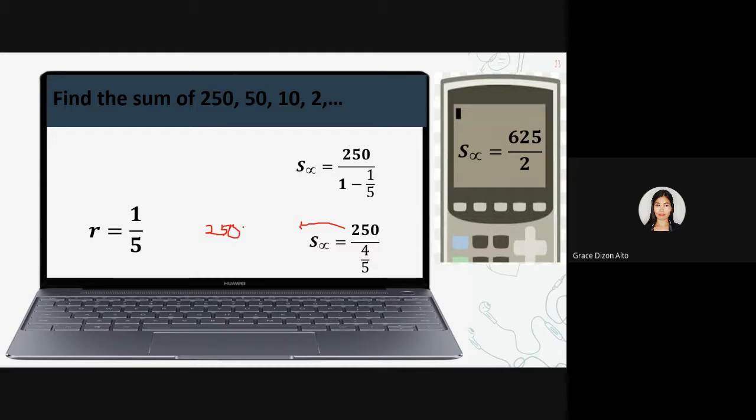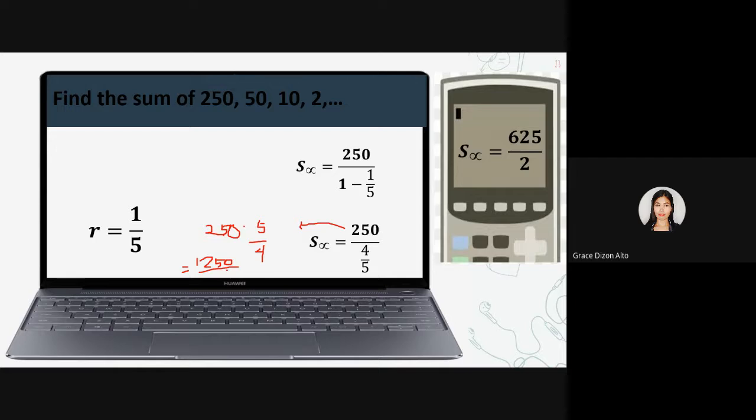It will become 250 times 5 over 4. Okay. So 250 times 5 is 1,250 over 4.